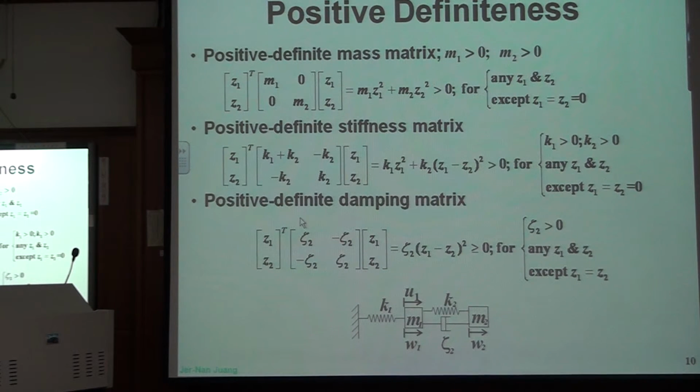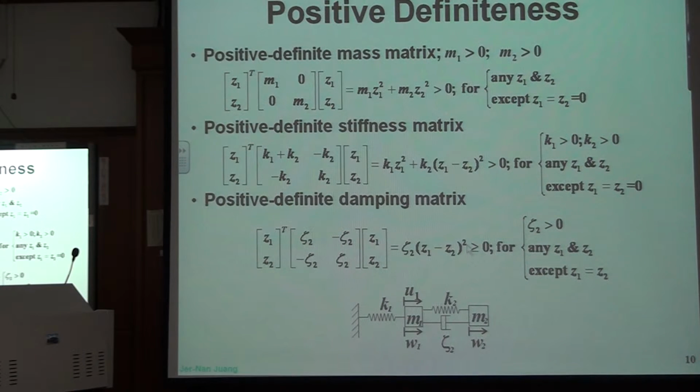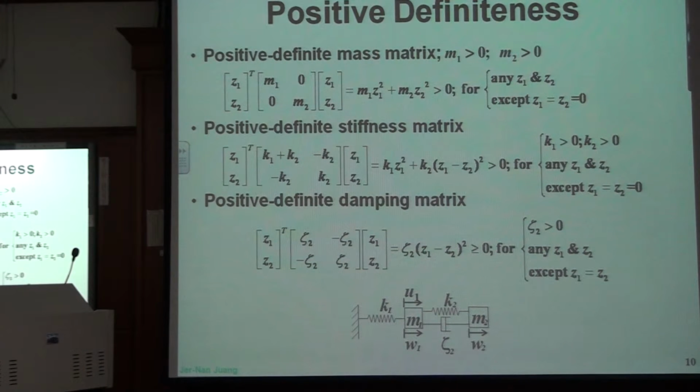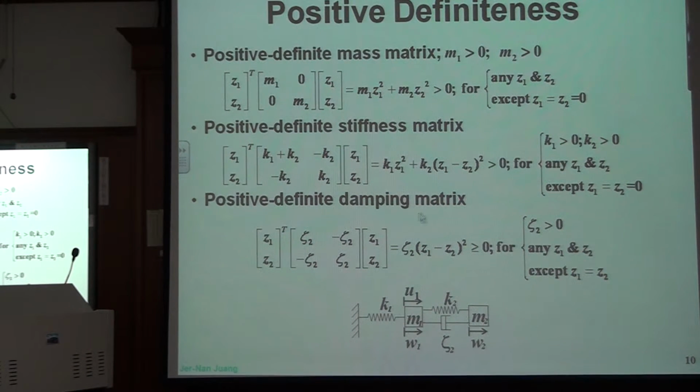Now, if you look at this carefully, z1 minus z2 and z1 minus z2 square, this can only be larger than or equal to 0, because even if z2 is larger than 0, when z1 equals z2, this will be equal to 0. So this cannot be just larger than 0. There's an equal sign here. When the displacement of W1 equals the displacement of W2, then W1 minus W2 equals 0.